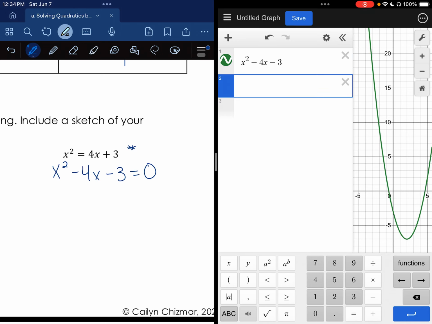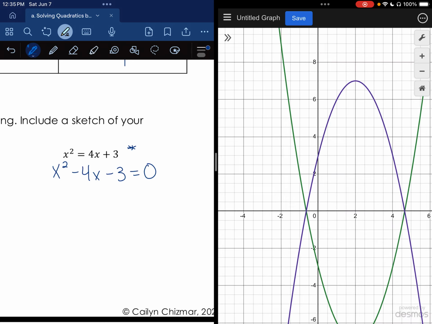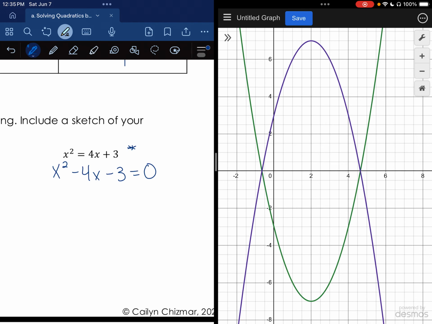So it was negative x squared plus 4x plus 3. And so what's going on here is these are actually just x-axis reflections of one another, but the intercepts remain the same. Oh, isn't that such a pretty picture? I love graphing. Anywho, they end up having the same x-intercept, so it doesn't matter if you moved everything to the right, you moved everything to the left. So cool. I love math.